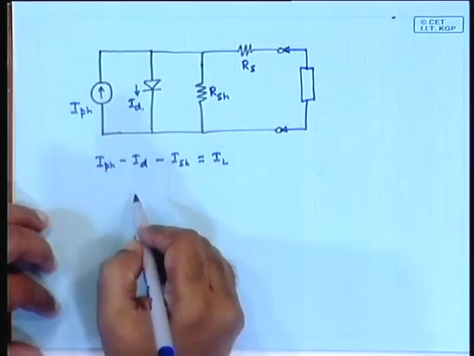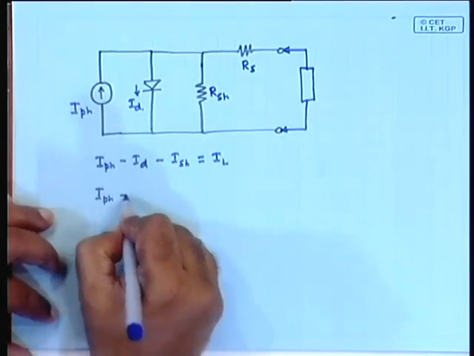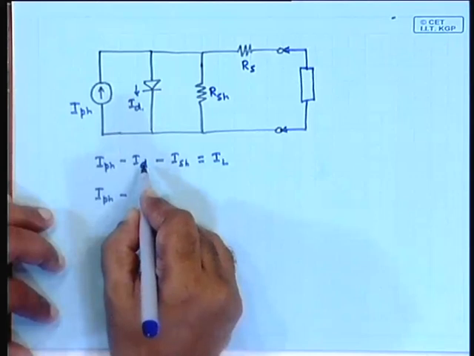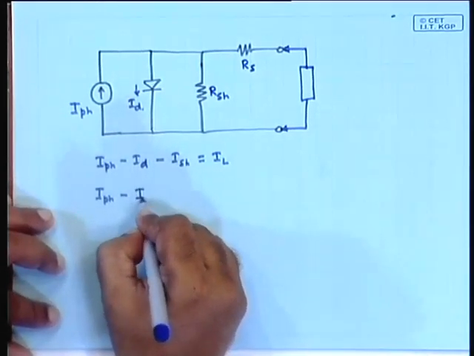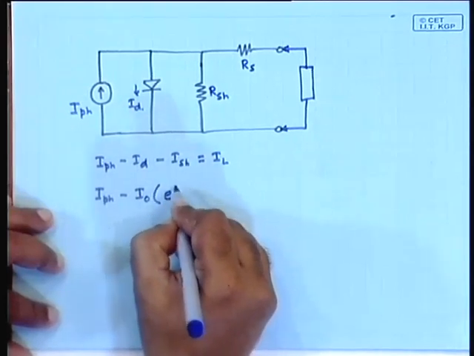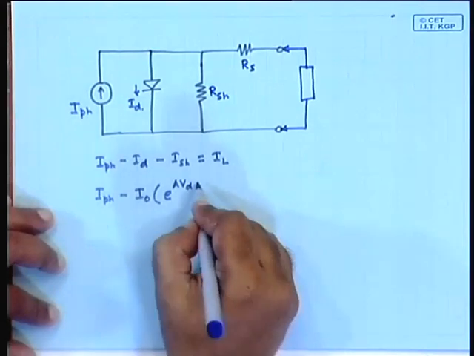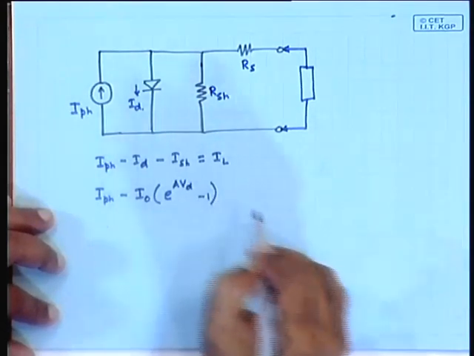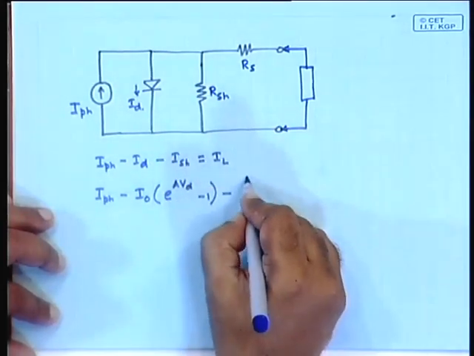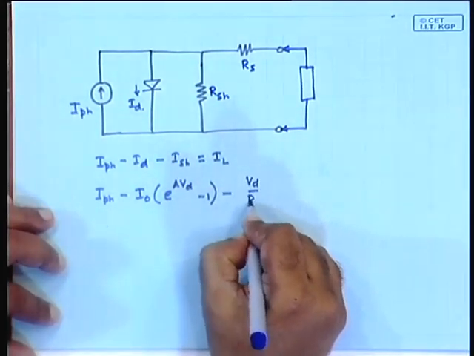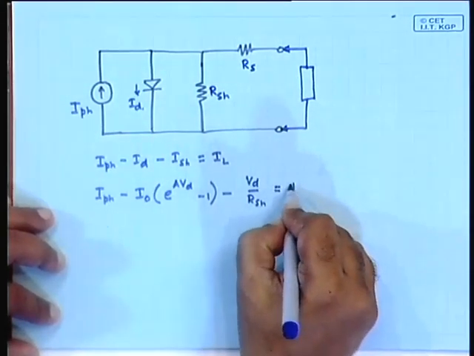And if you expand it, it takes the form IPH minus I naught e to the power a Vd minus 1 minus ISH, which is Vd by RSH, is equal to IL.